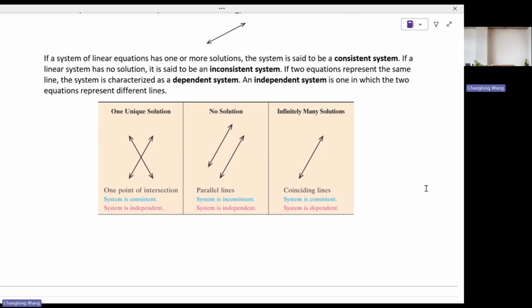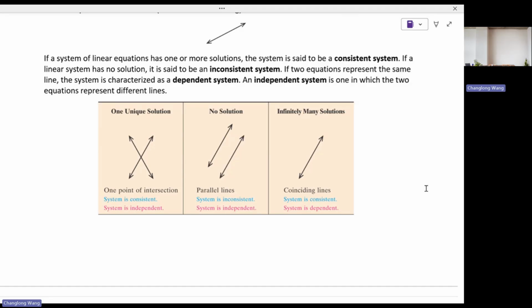Now the last case, it seems like one line, but it's just that one line is on top of the other. So these two lines are identical. They might still look a bit different, but there's a common factor you could cross out and realize that the two lines are the same. If you plot them, the two lines are exactly overlapped.